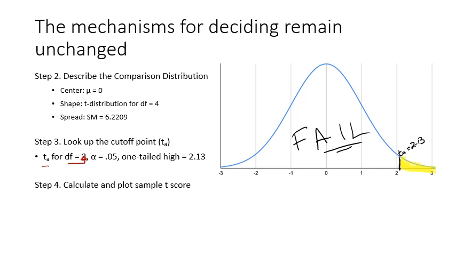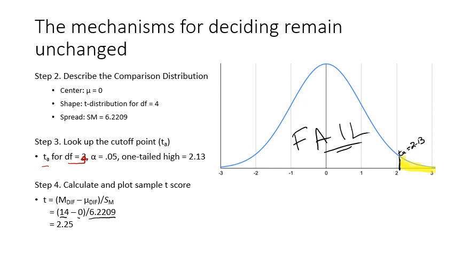Step 4, we calculate and plot the sample t-score. So I've done it in writing here, typed up in advance. I knew that the mean for the sample that we calculated much earlier in a previous lecture was 14. We subtracted the 0 and divided by the standard deviation to get a t-score of 2.25. Boy, this looks much like the last problem.